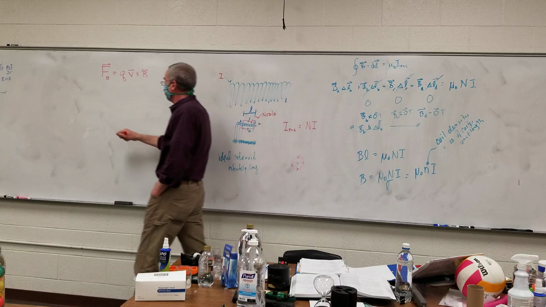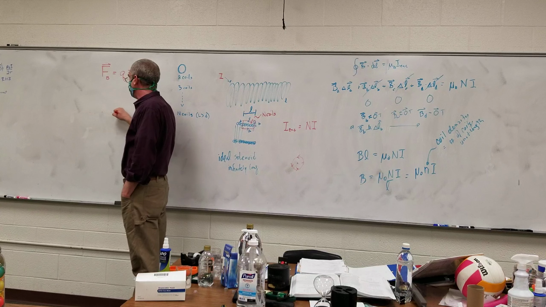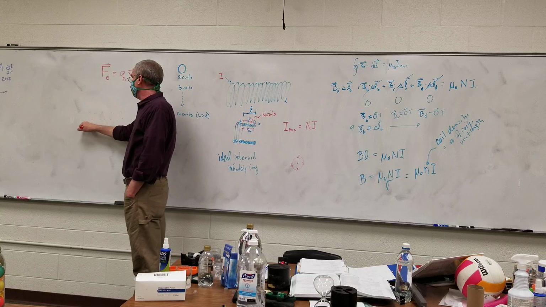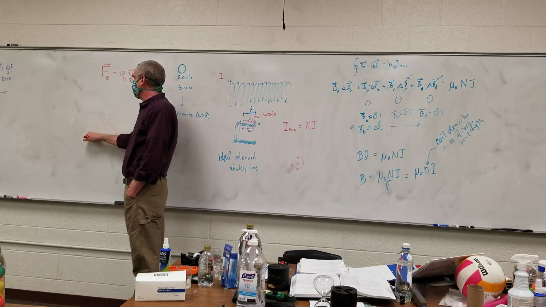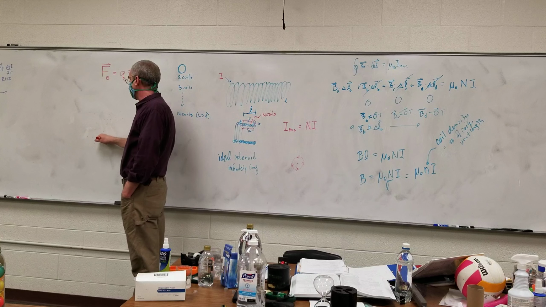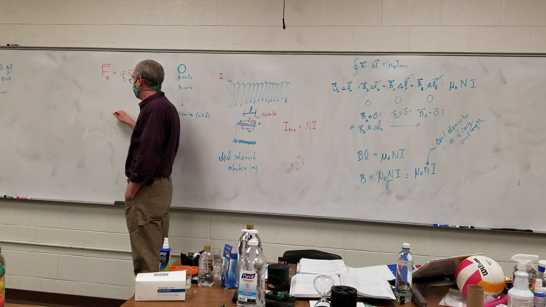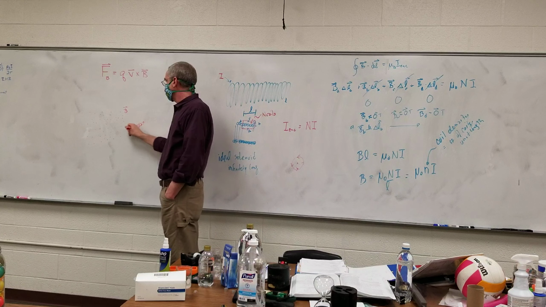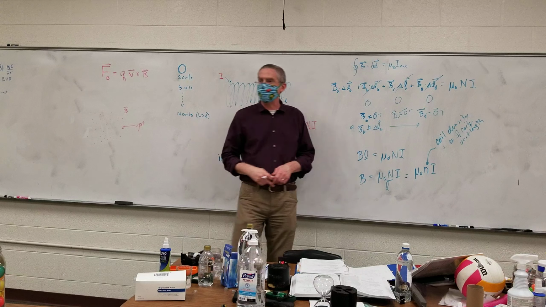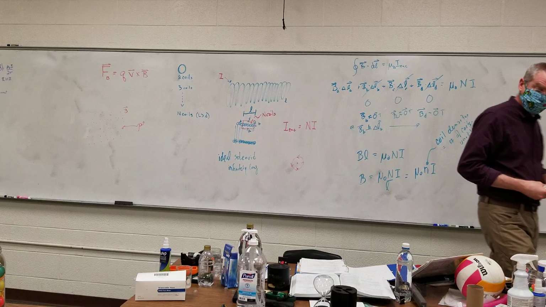So to start out with the case of I have a magnetic field coming out of the board. And again, the reason I have it coming out is it's a lot easier than drawing X's. So that's my magnetic field. And I have a proton shooting into the magnetic field from the right.